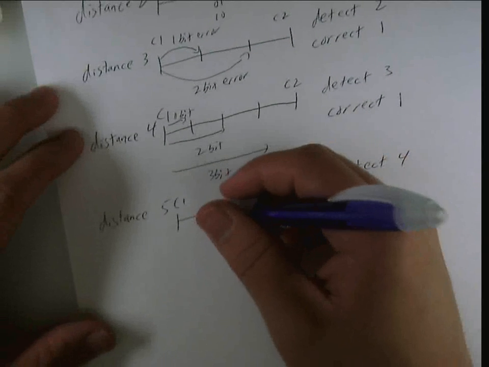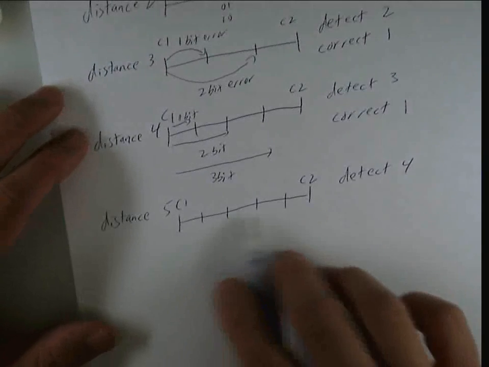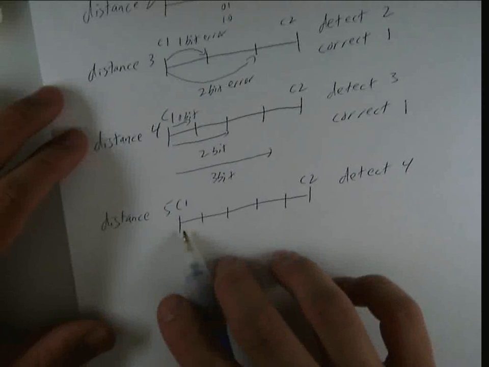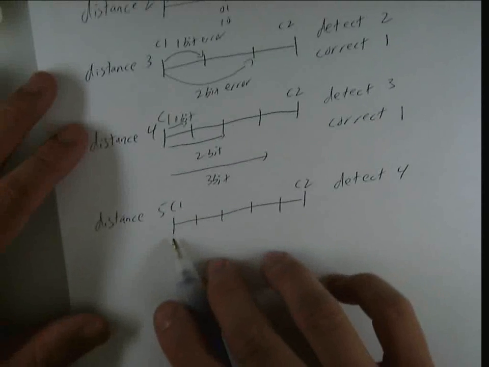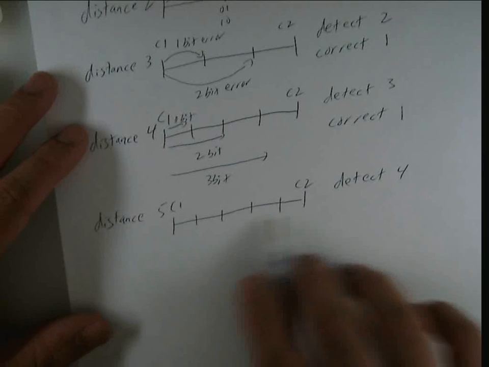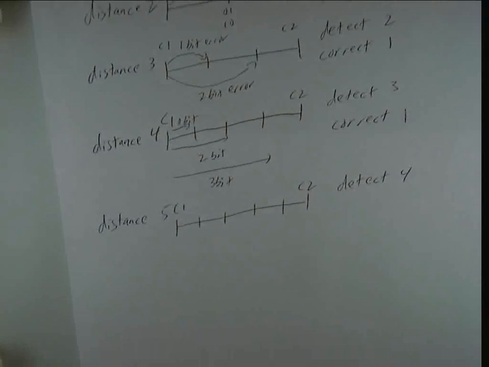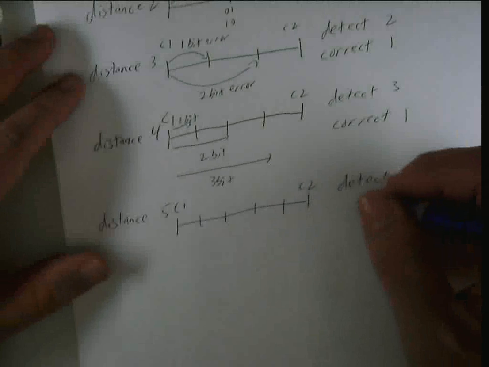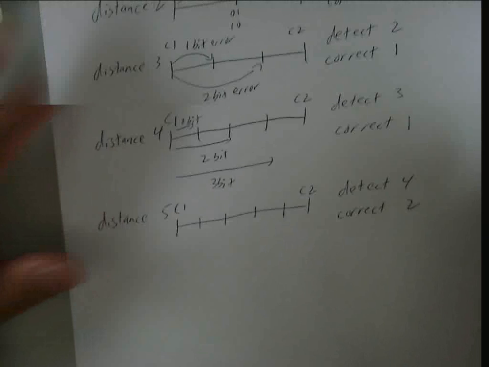We know 1 is going to work because this is now 4 times more likely. For 2, this is 3 away, this is 2 away. 2 is smaller than 3, so I can reliably get back to the correct one. If I have a 3-bit error, this is 3 away, 2 away. This would be closer to C2, and I would incorrectly, quote-unquote, correct to C2. So I can, at max, correct 2 errors.